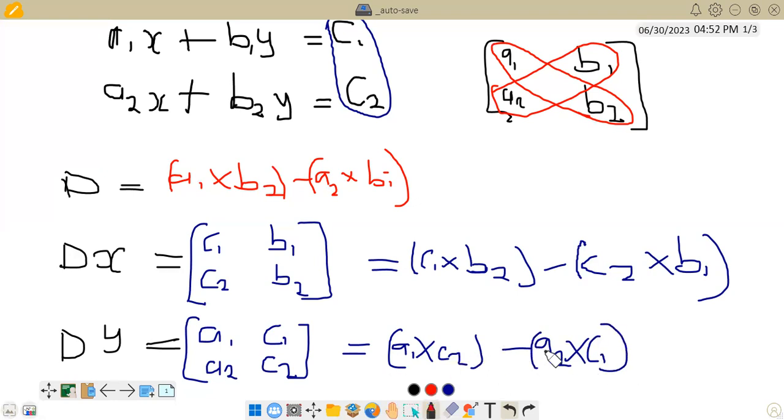So whatever we get from here, the result will be Dy, and the result of the previous one will be Dx.